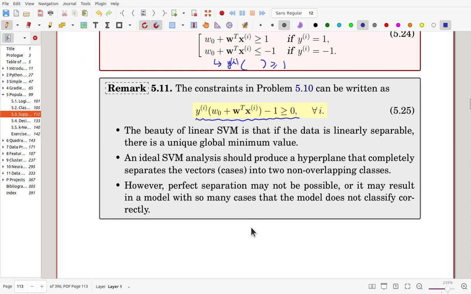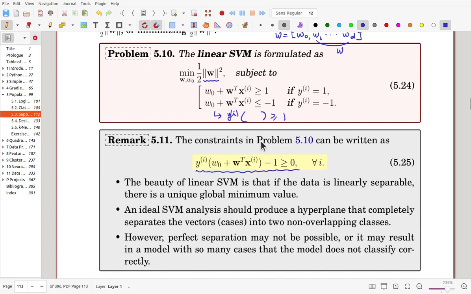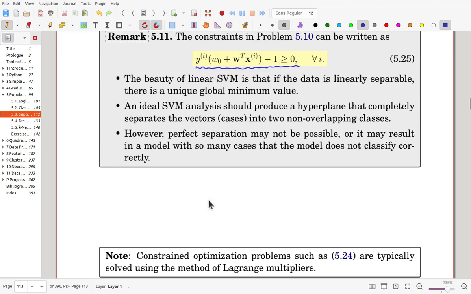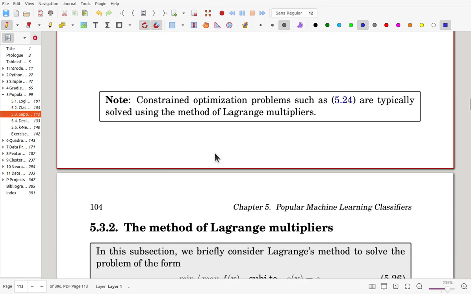We have to expand the original algorithm to classify noisy data sets. And for this constrained optimization problem, we have to use the method of Lagrange multipliers. So in the second part, we'll consider the method of Lagrange multipliers. Thank you.